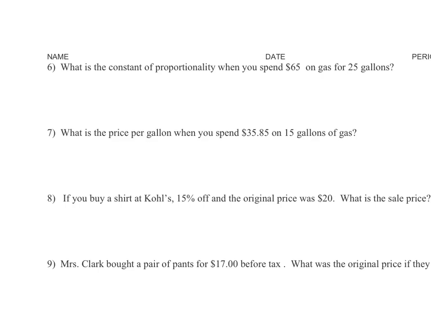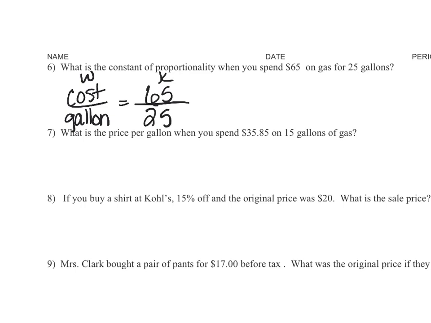Okay, on number 6, it's asking what is the constant of proportionality when you spend $65 on gas for 25 gallons. So our words we have, it's going to be cost per gallon. And we know we spent $65 to get 25 gallons.